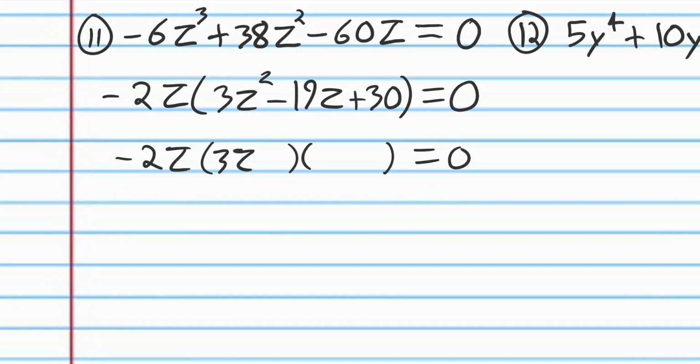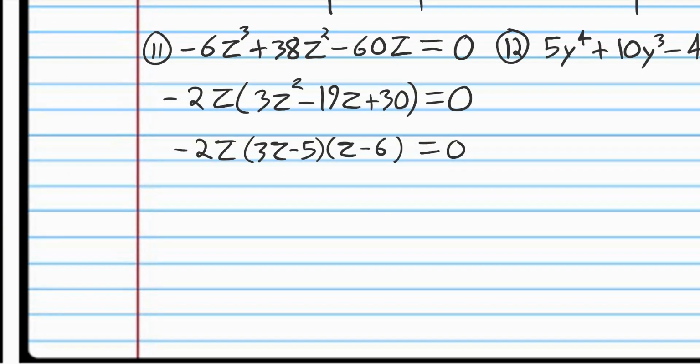And again, this is more difficult because we have the coefficient on the squared term. I'm going to try -6 and -5. I have no idea if that's going to work. So we get the O of FOIL is -18z. The I is -5z, so we get -23z. So that doesn't work. So we're going to switch the 5 and the 6.